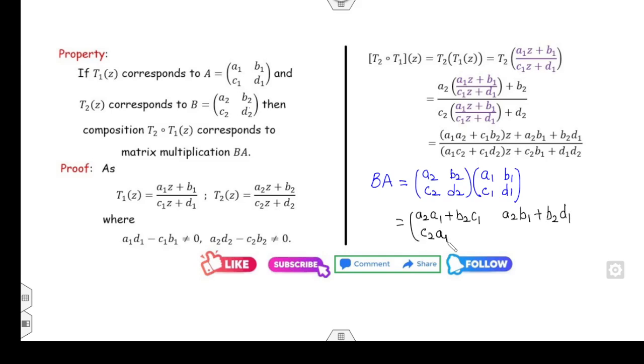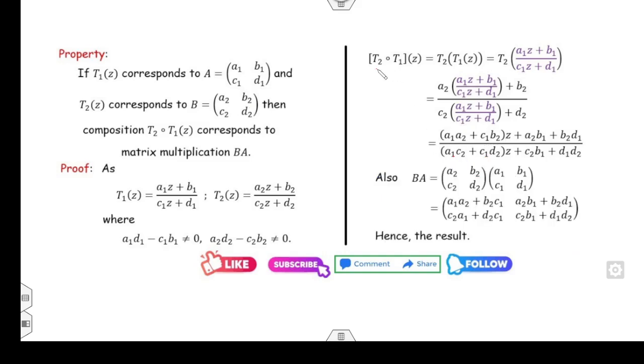Then C2 A1 plus D2 C1, and the last is C2 B1 plus D2 D1. Now you can see this is the same as the matrix representation: the constant term A2 B1 plus B2 D1, and the coefficient of Z, and so on. Therefore, T2 circle T1 corresponds to the matrix representation of B into A.